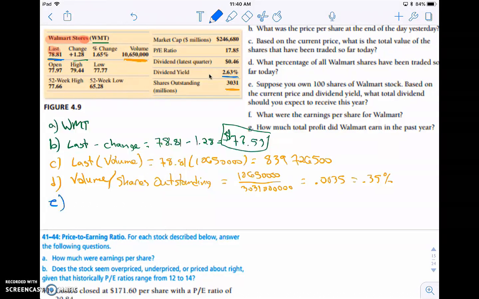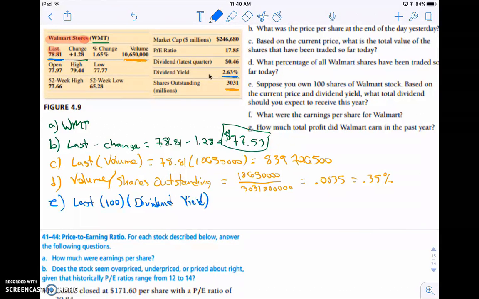So what we're going to do is take the last, or the current value, times 100 because you own 100 shares, and then times that by the dividend yield as a decimal.